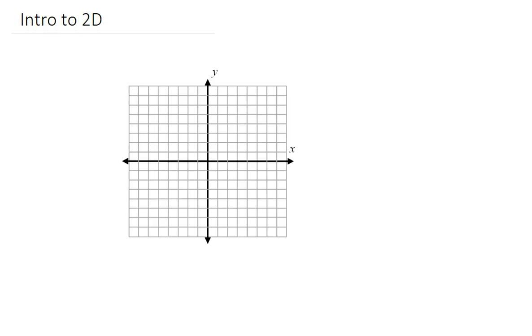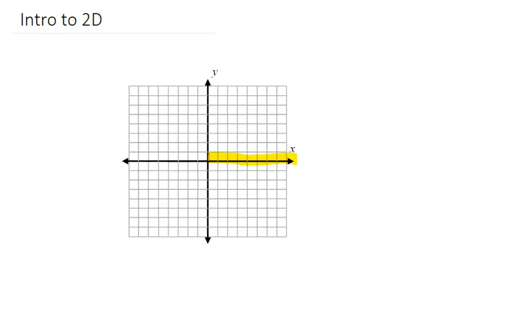I have one on the screen here. I'm going to go through and talk about the different parts of the coordinate plane so that you understand the vocabulary I'm using as I talk through graphing and working with two-dimensional equations. You might recall that we did some graphing earlier when we solved linear inequalities, where we graphed things on a number line.